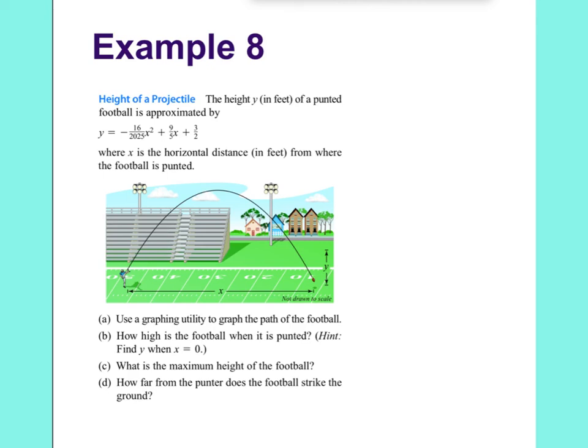X squared plus 9/5 has to be in parentheses. X plus, open the parentheses, 3 divided by 2. Close the parentheses. Save it. So it looks like that, and that's how it would have to look in your handheld graphing calculator too. It would have to be in parentheses. Now I'm going to graph it.